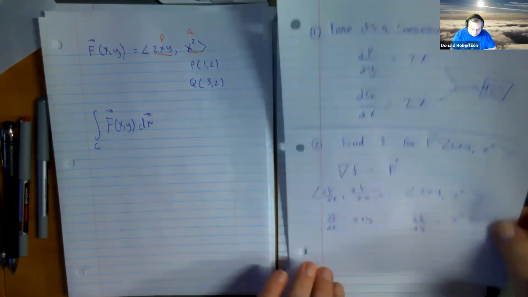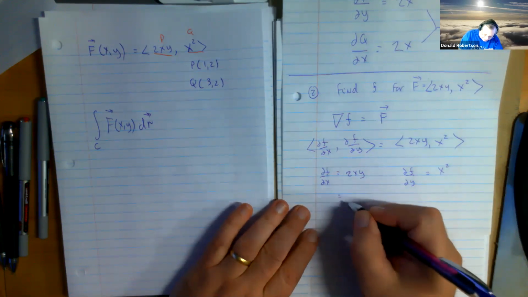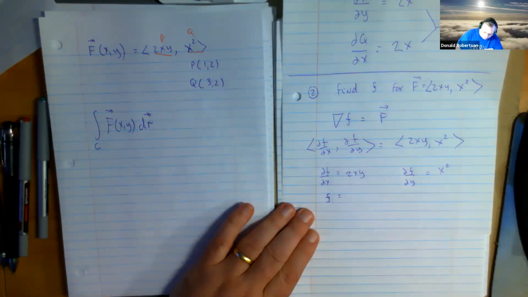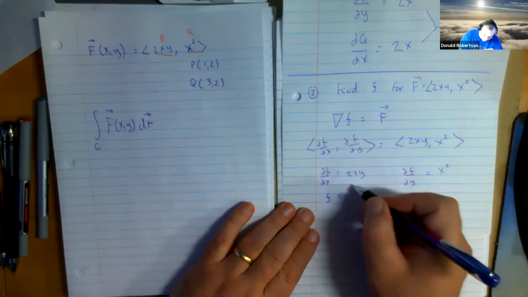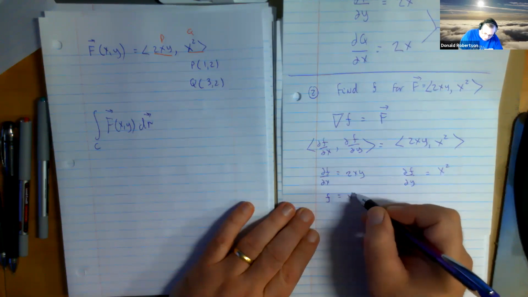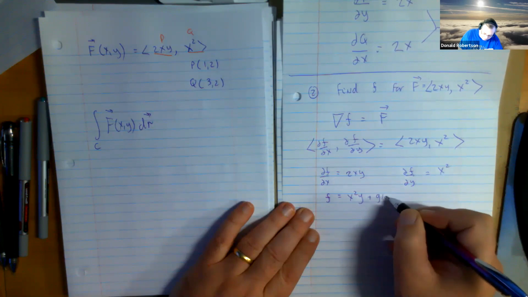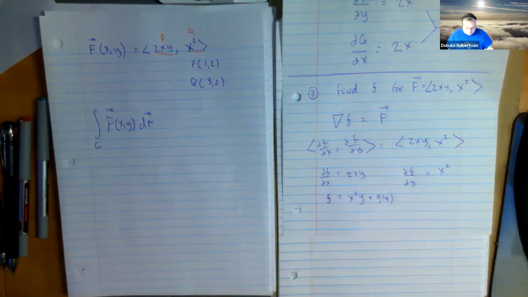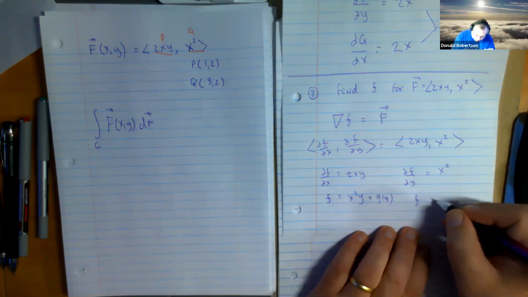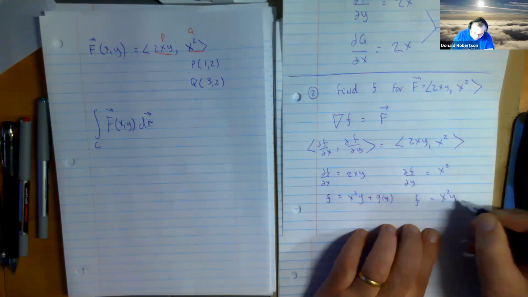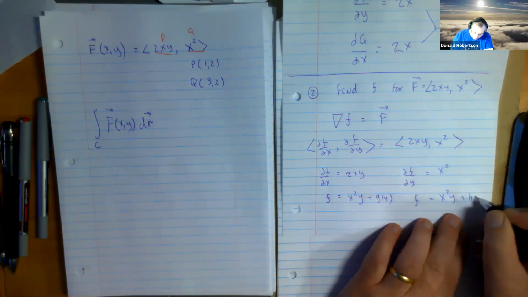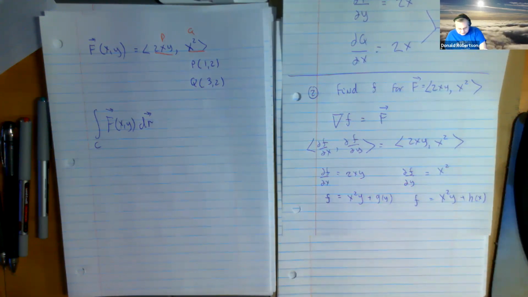And so if we work basically integration, then according to this, if you integrate this with respect to x, don't you get x squared y plus some unknown function of y? And if you take this fella, don't you get x squared y plus some other unknown function constant in terms of x?